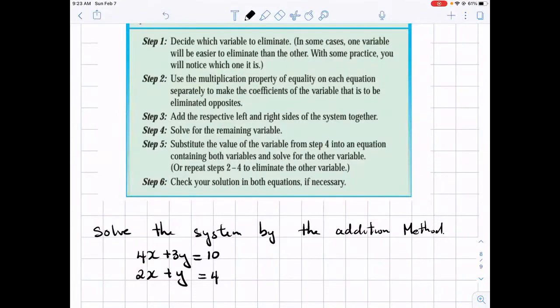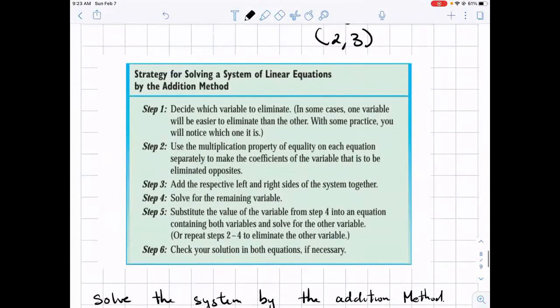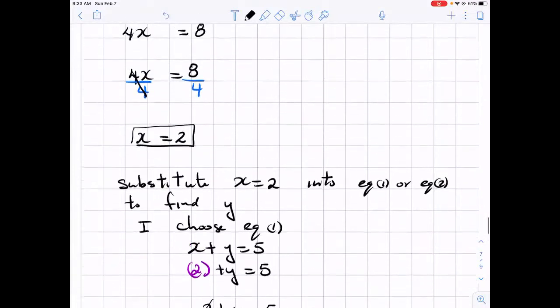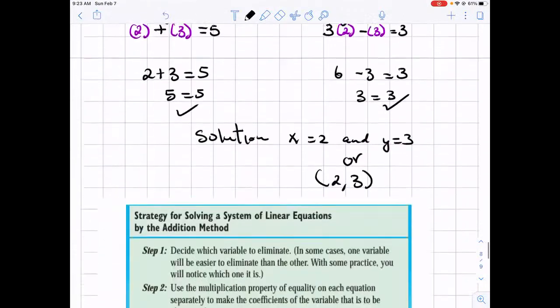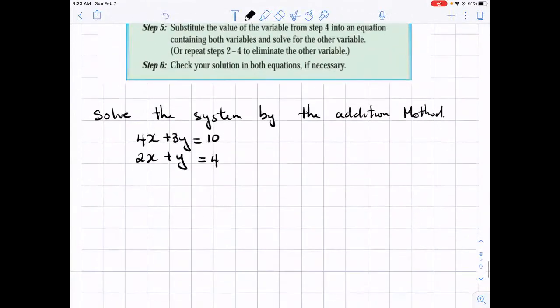So decide which variable to eliminate. In my prior example, it was easy because if you notice, the y's would have canceled because they're the same value and the signs are different. And we know that when the signs are different and the coefficients are the same, they'll cancel. Minus 3x and plus 3x cancel. In this case here, they don't. So it is your decision.